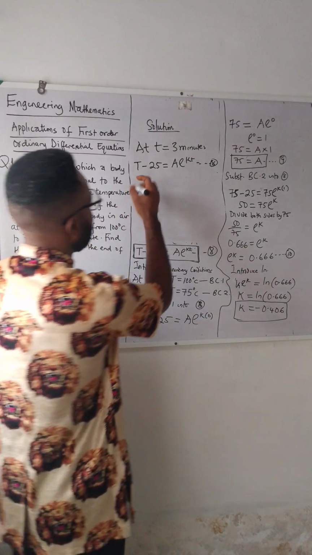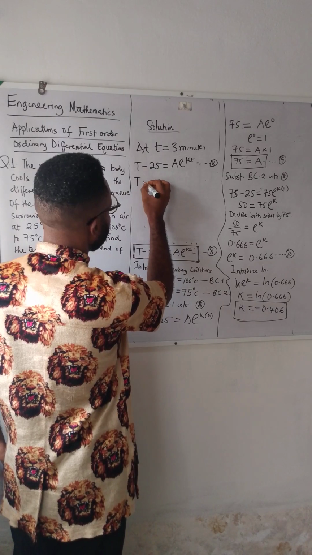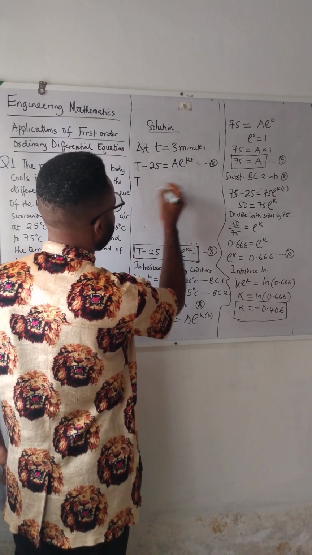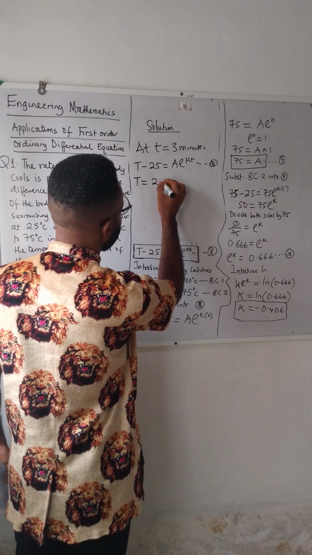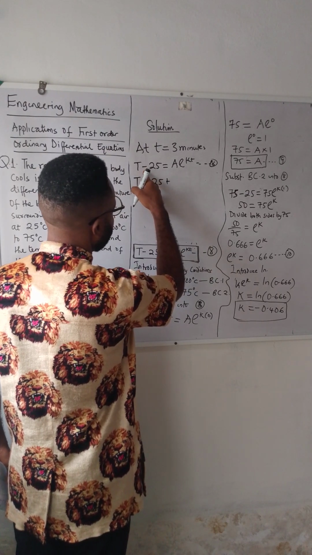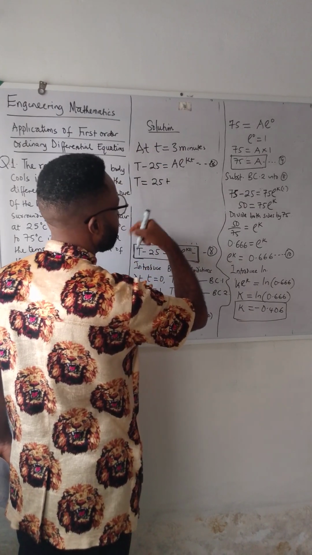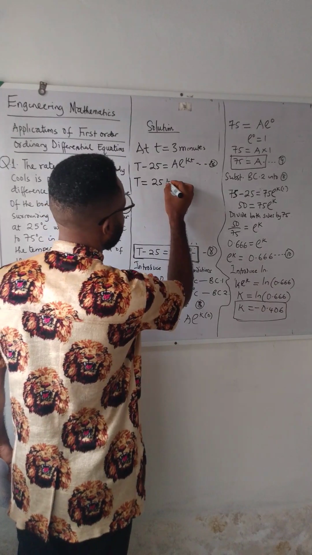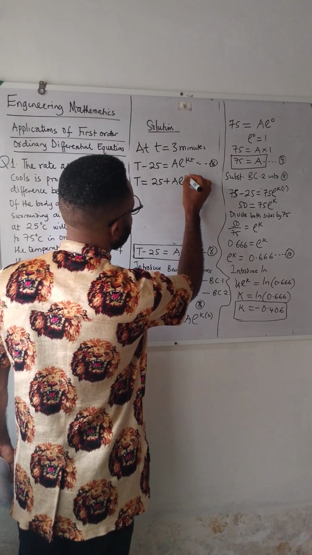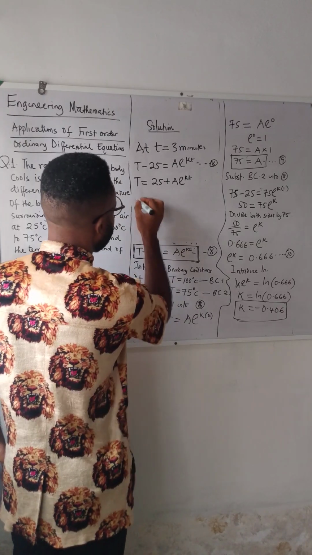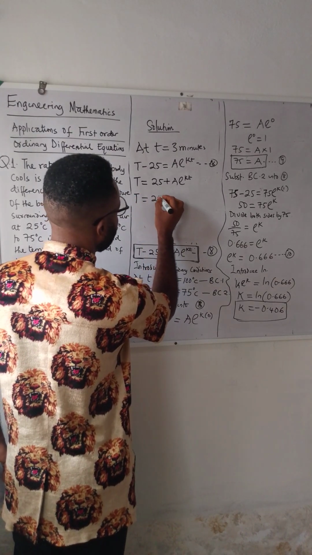We are looking for this temperature because they said find the temperature at the end of 3 minutes. So we move 25 to the right hand side, so T will be equal to 25 plus A exponent kt, because 25 is negative here, so when it crosses the sign of equality, it becomes positive.